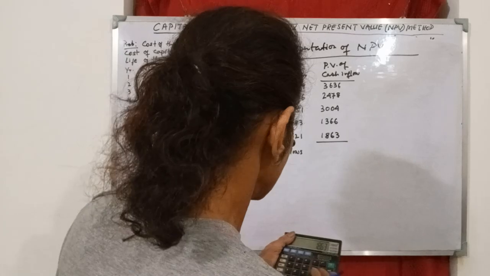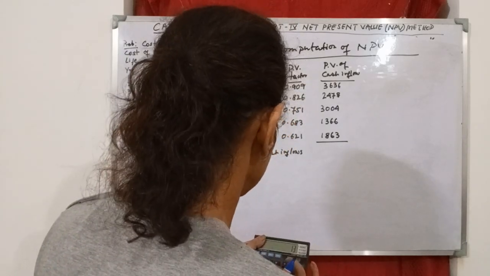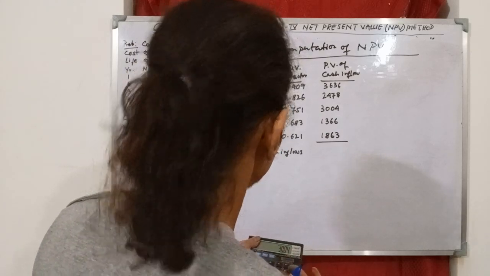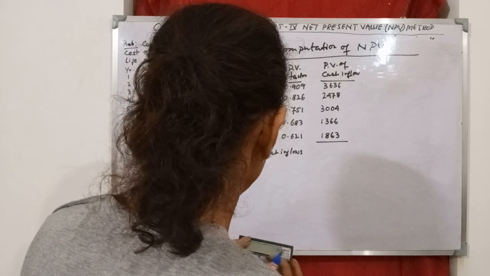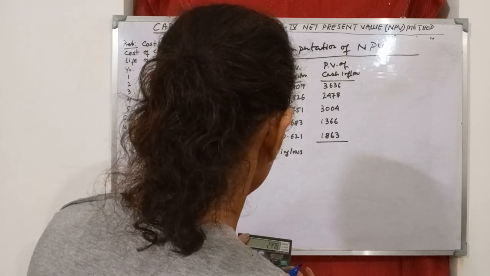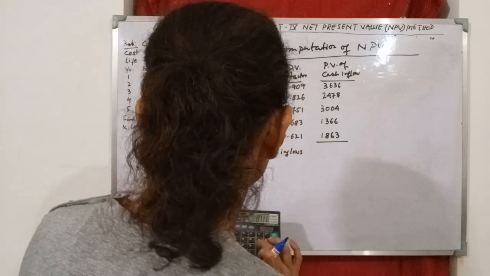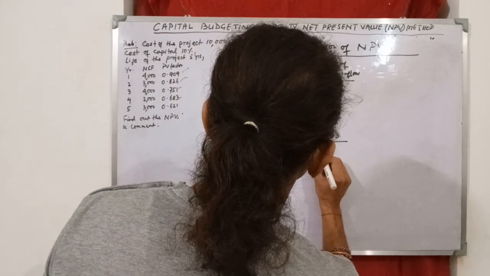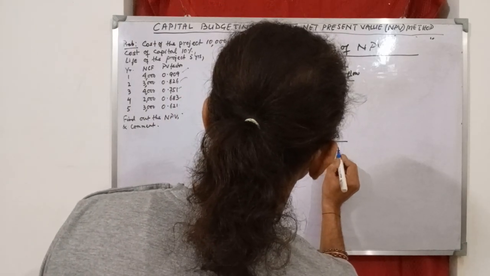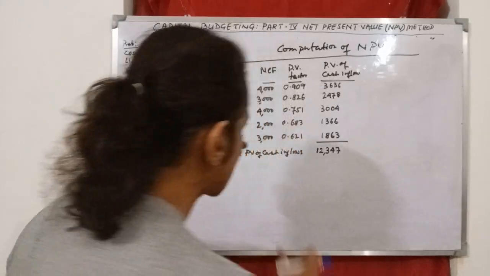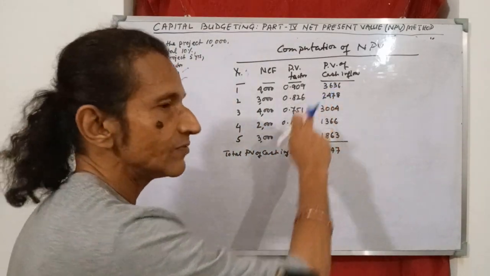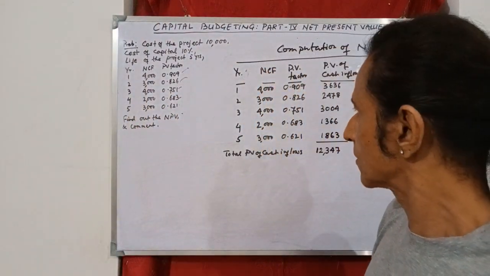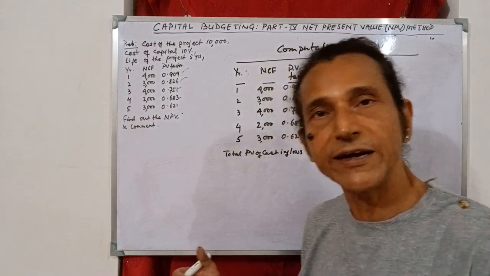Let's see what it comes to. 160 plus 1366 plus 3004 plus 2478 plus 3636 equals 12347. So this is the sum of the present value of all the future cash inflows of the firm. That is the present value of all the cash inflows provided by the project.